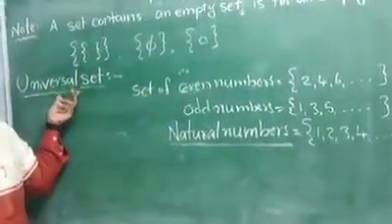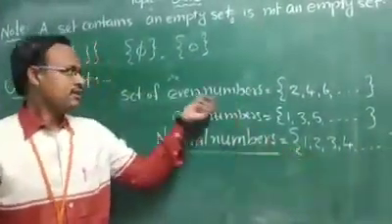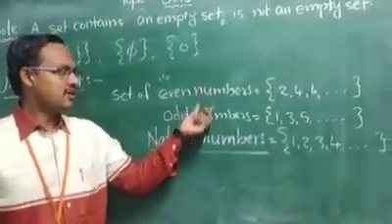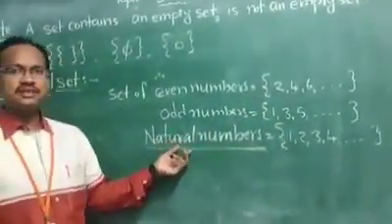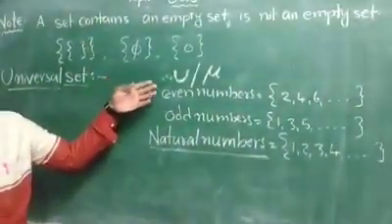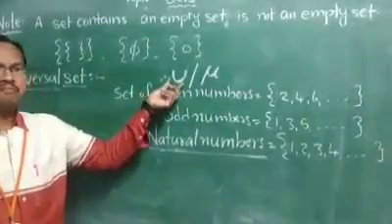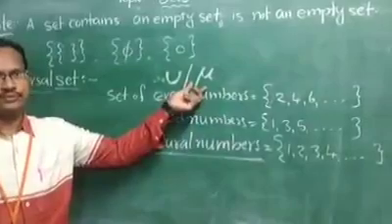Universal set means a set that contains all the elements, where these even numbers and odd numbers are taken. So these natural numbers here act as the universal set. Usually the universal set is represented by capital U or mu.